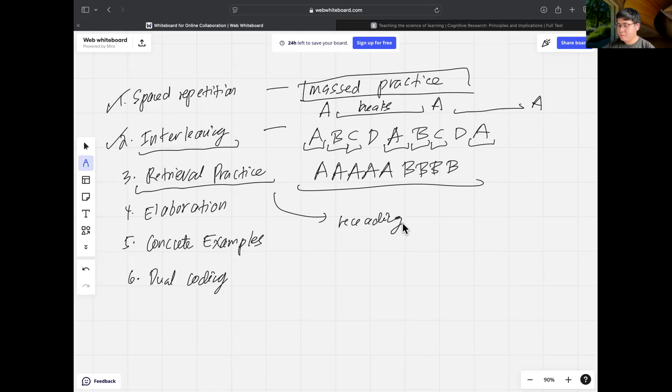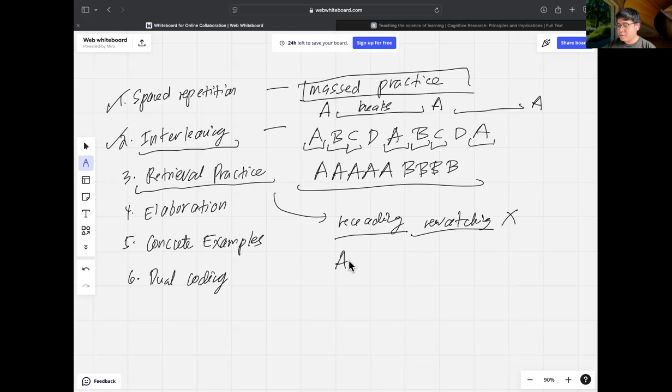Rereading or rewatching, these don't work. Apparently a lot of students have this misconception about familiarity. Like, okay, if I just read a book 10 times, then I will remember it. It turns out there's a much more effective way to do it, which is to use retrieval practice. And it works well with interleaving and spaced repetition.